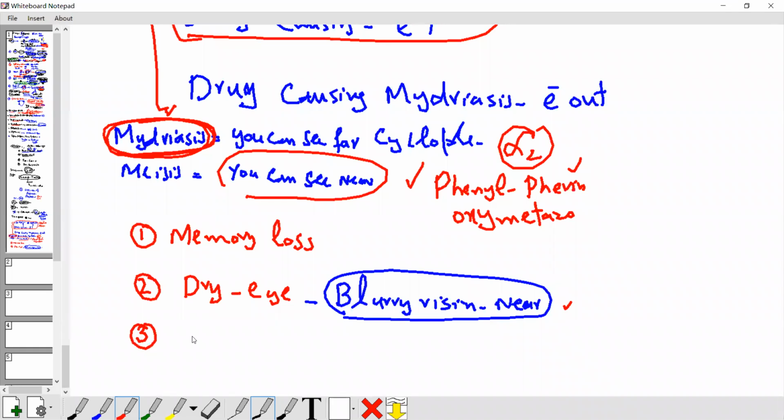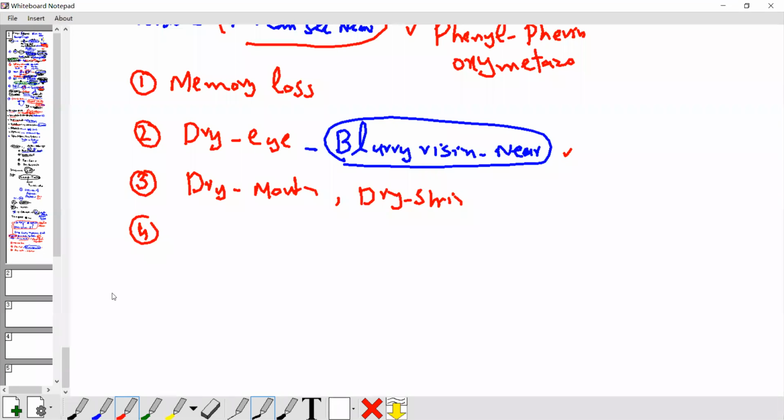Number 3, dry mouth. Next, dry skin. In number 4, what happens with heart rate? Tachycardia. What happens with GIT?